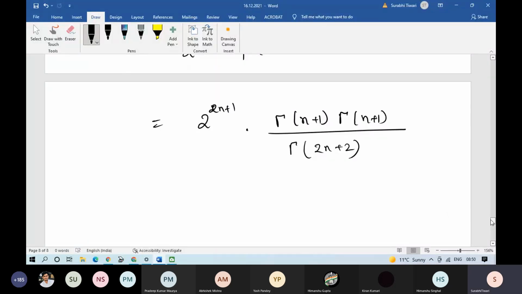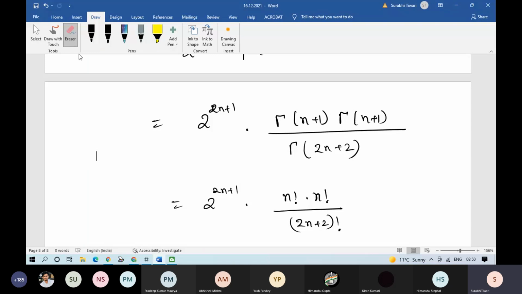N is a positive integer, it is given. So this will be n factorial into n factorial upon gamma 2n plus 2, which is also an integer. So this will be (2n plus 2) factorial. Sorry, (2n plus 1) factorial, one less, right? (2n plus 1) factorial. So this is the answer.